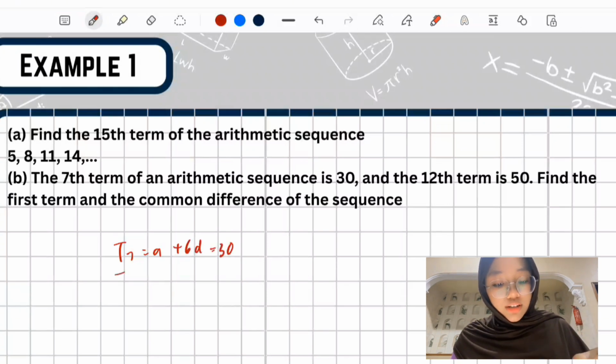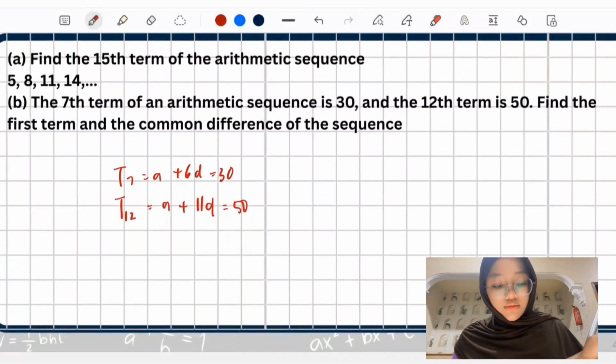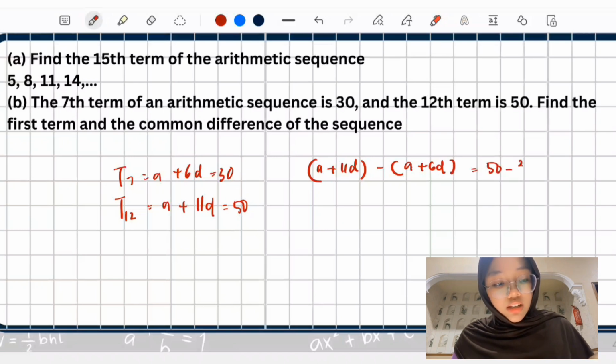And for the second, the 12th term equals a + 11d, equal to 50. So subtract the first equation from the second: (a + 11d) minus (a + 6d) equals 50 minus 30.